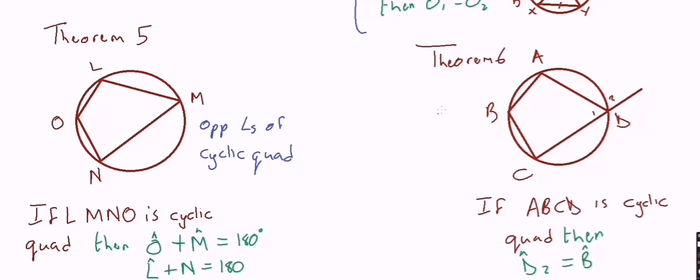And if this is theorem 6, the way in which it will be used, we will say exterior angle of cyclic quad.